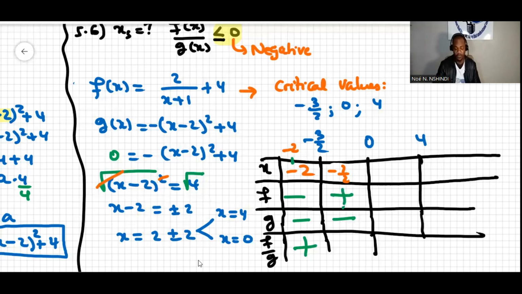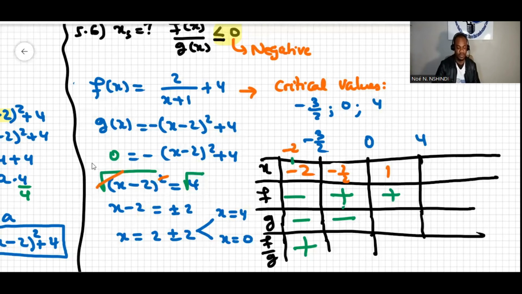Okay, now let's move on to the interval between 0 and 4. We can pick up a number like 1. If I take the number 1, I know it will make a positive solution here.